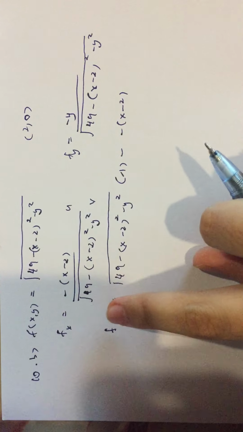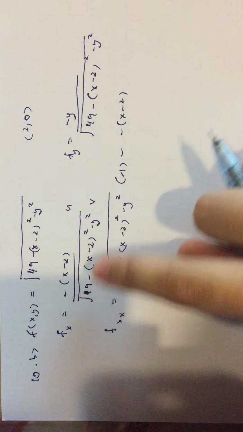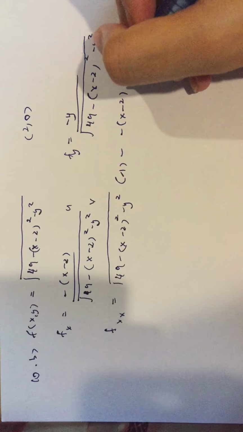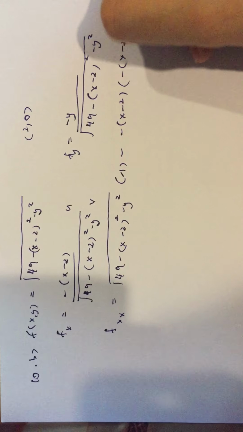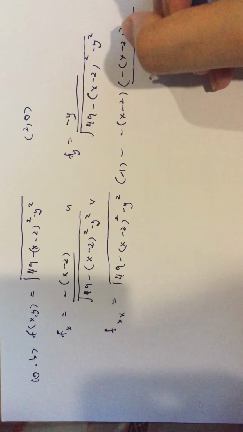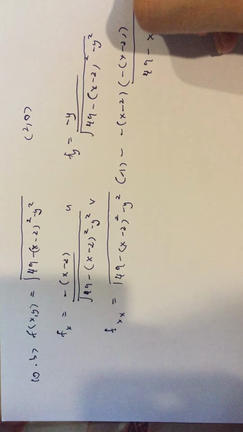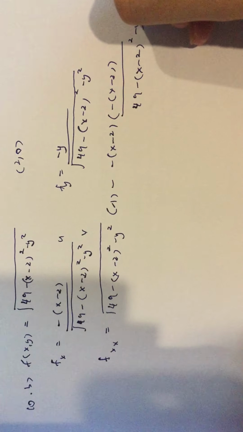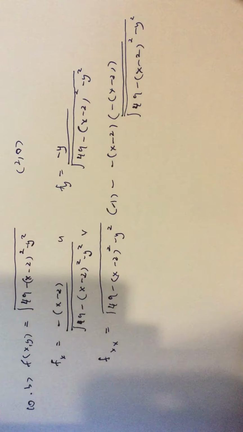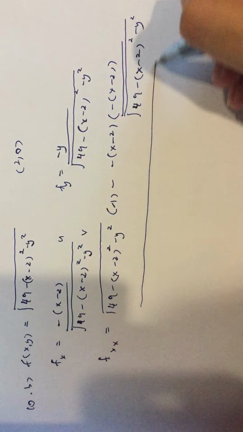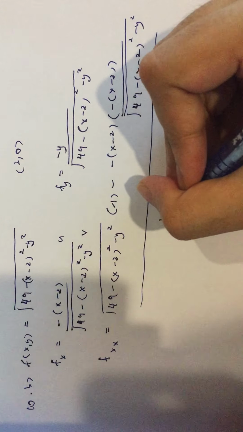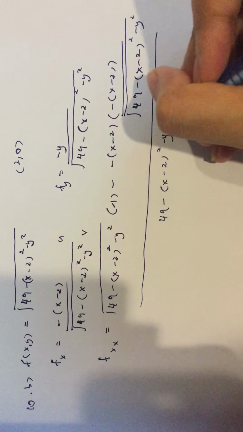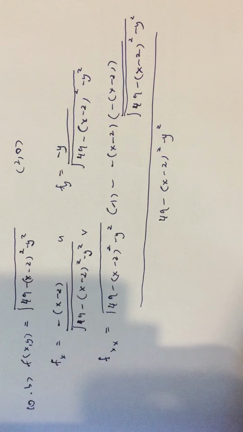So v prime, we want to differentiate this one, which is actually the fx again, so we just multiply with minus (x minus 2) divided by square root of 49 minus (x minus 2) squared minus y squared, and then over v squared, which is 49 minus (x minus 2) squared minus y squared.